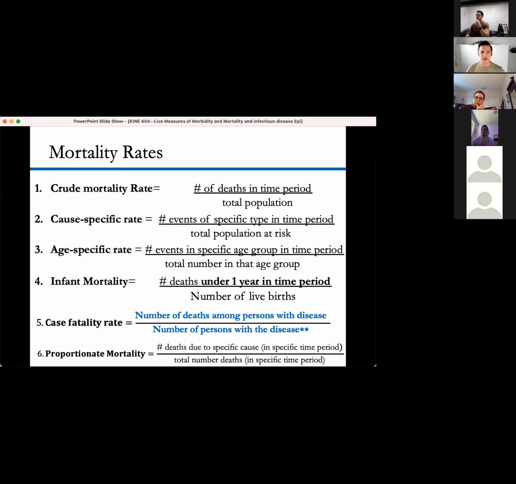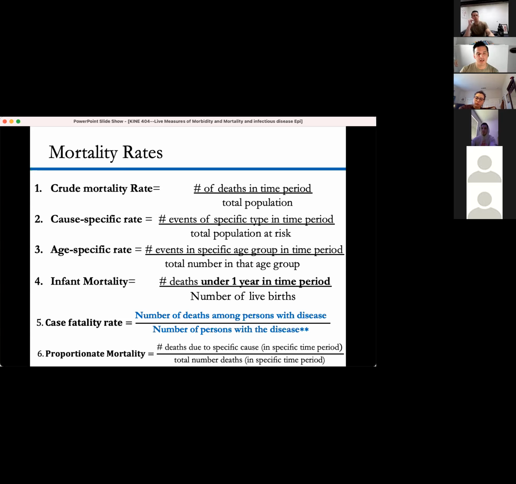So if I'm talking about that cause-specific mortality rate, I need to know when that is happening, what's the year, out of how many people in the population. I need to know who my population of interest is. And so those are those three important aspects of a rate, which is when's it happening, who's it happening to, and out of what proportion of the population.